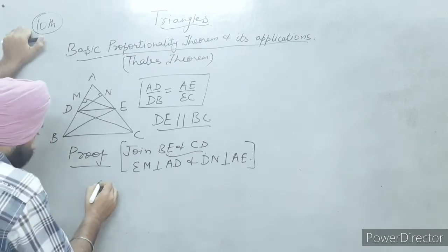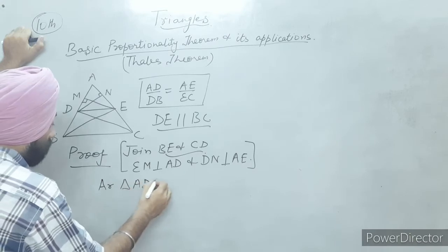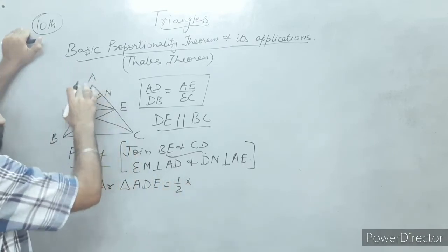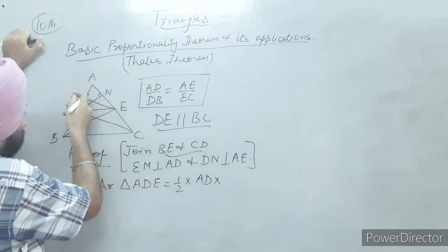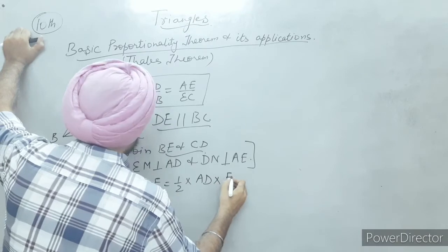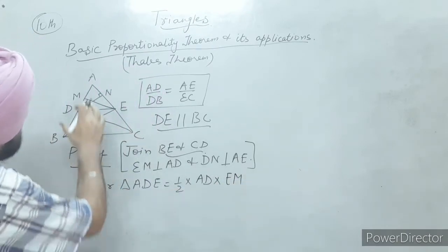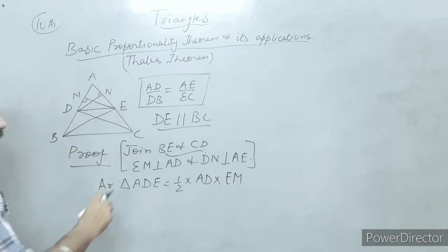Now, area of triangle ADE is half into base, base is AD, into the height, height is EM. Half base into height, base is AD, the height of the perpendicular is EM.